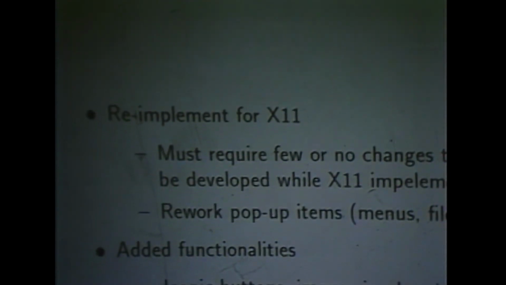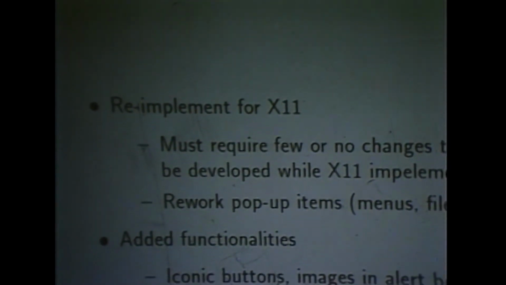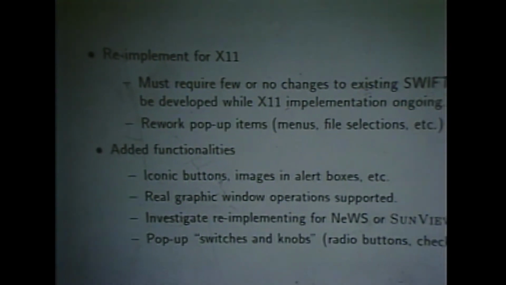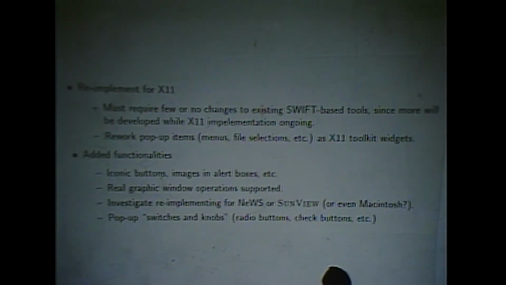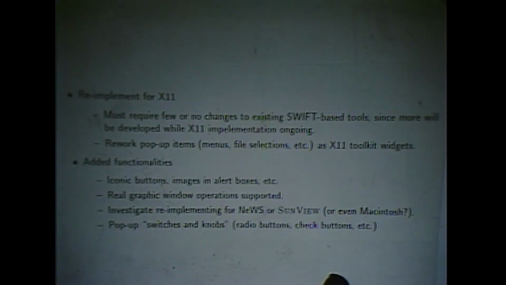Obviously, the next thing for us to do is to do it over again in X11. The idea, when it's done over in X11, is that our application programmers never notice that we've done that. We hope to have hidden X well enough that it doesn't matter which X or which toolkit it's running on as far as the application programmer's interface to it.